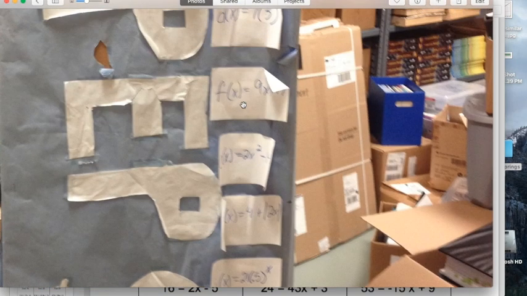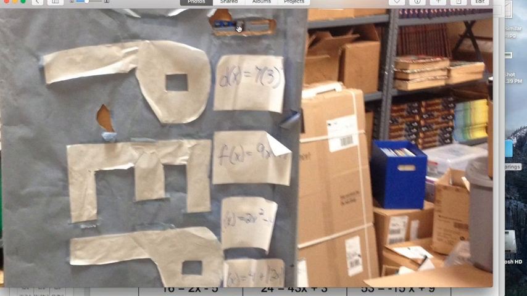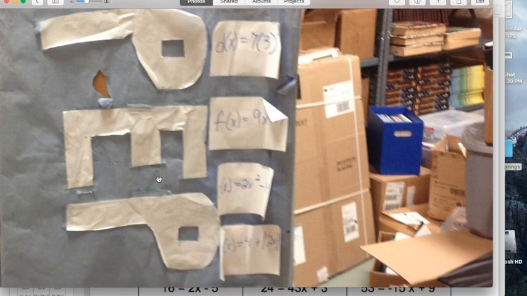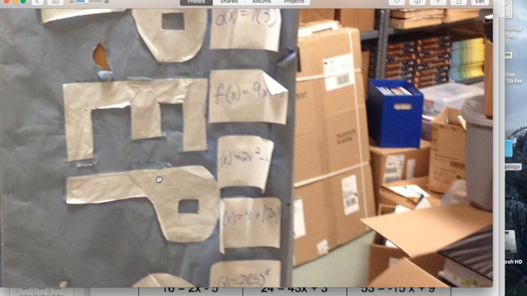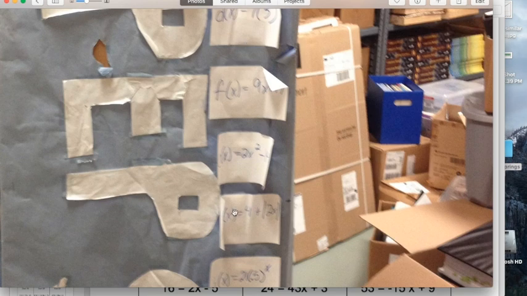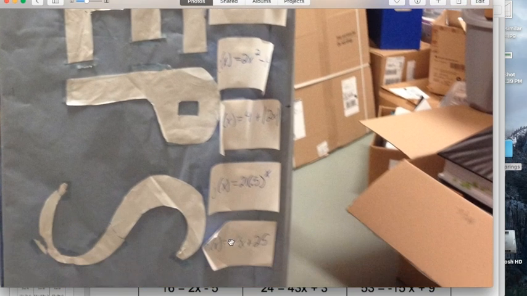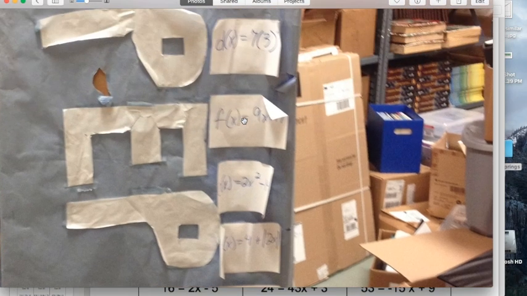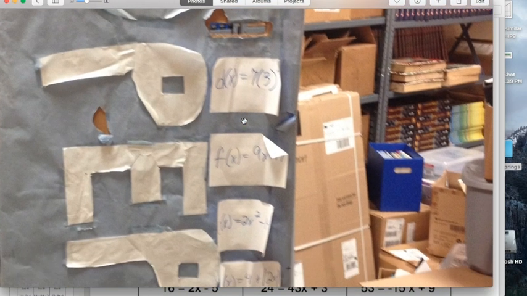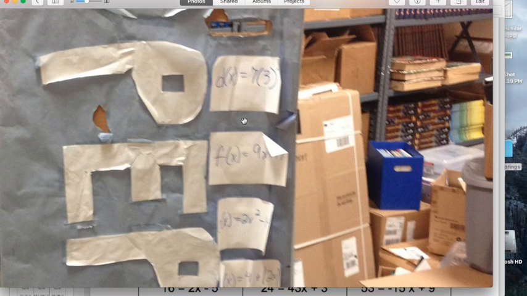When they see the number that's going in, maybe it's 2, then all my teams out here, in order to prepare, start putting in 2 as their input for each of these function rules. So basically they're evaluating 6 different function rules every single turn.